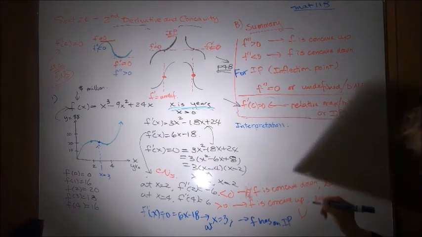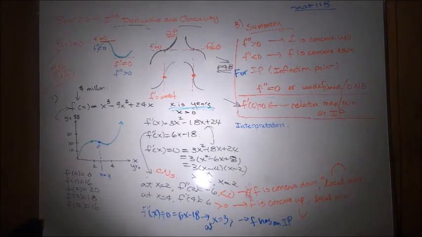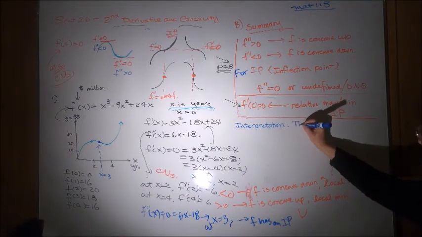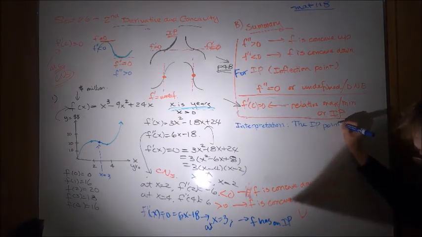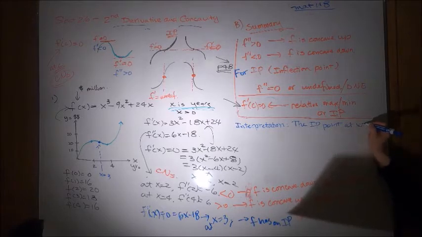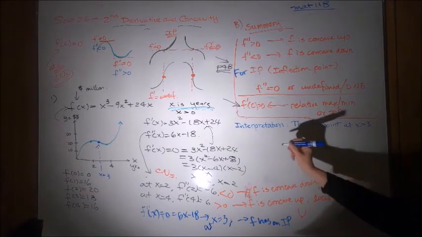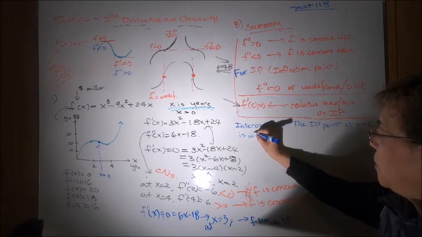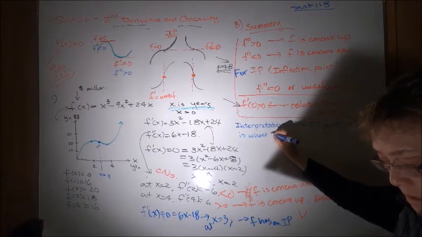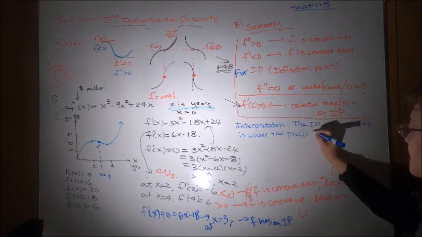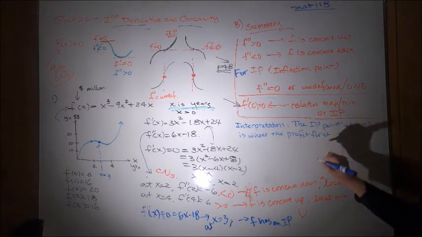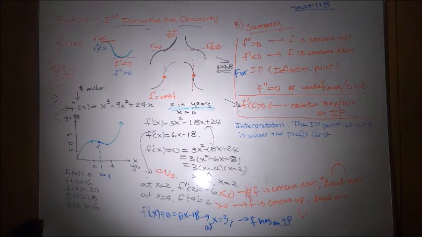Let's write it down so it helps you to remember. It's saying the IP, the inflection point, at year 3 is where the profit first starts to change, inflect, right?